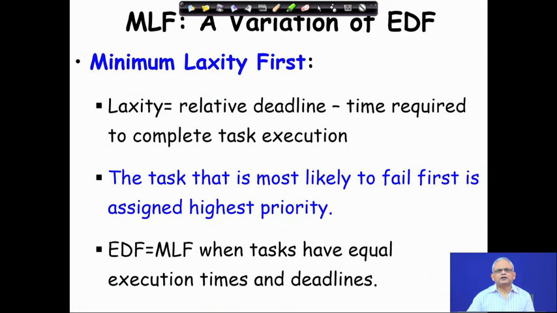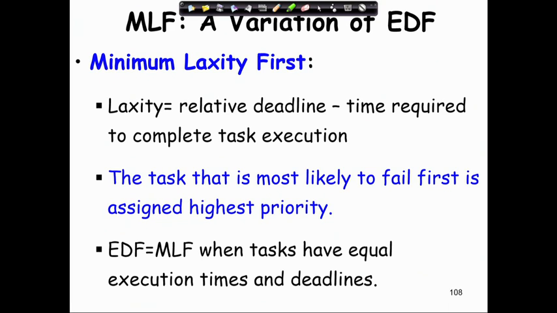If the deadline is 100 microseconds and the computation time required is 5 microseconds, compared to another task whose deadline is 100 microseconds but the computation time required is 50 microseconds, then it may be better to give higher priority to the task having more computation left over the same deadline. That is the main idea in MLF.